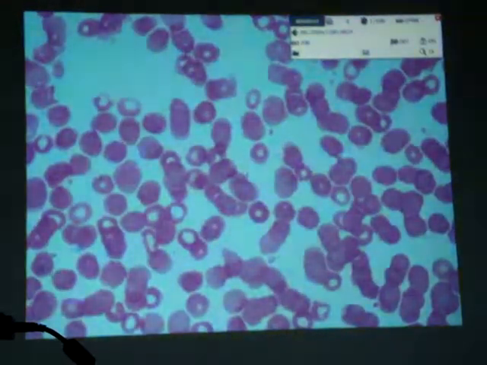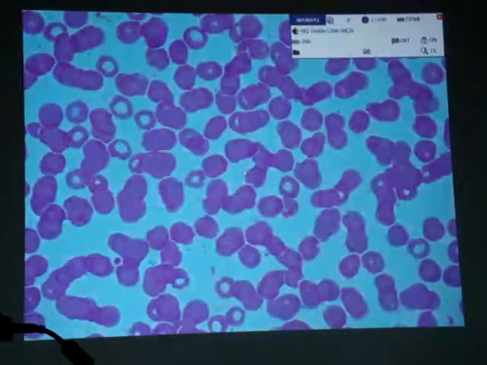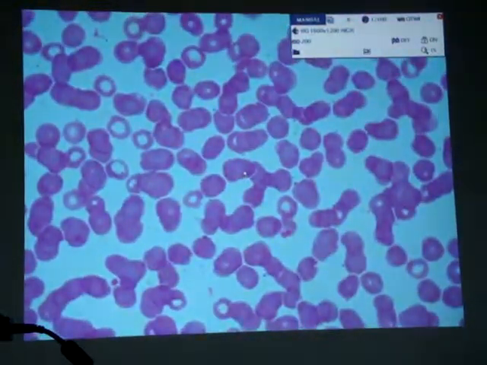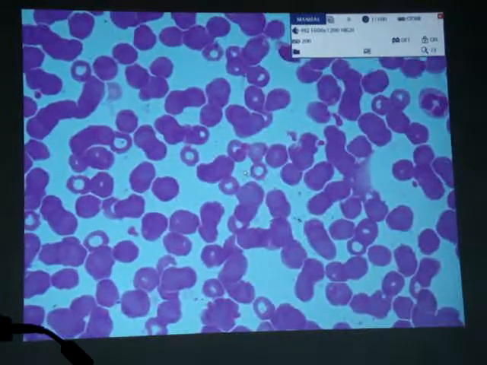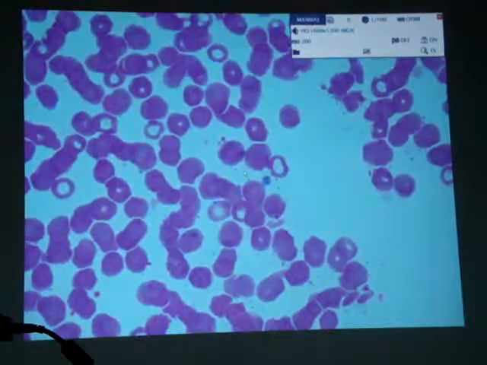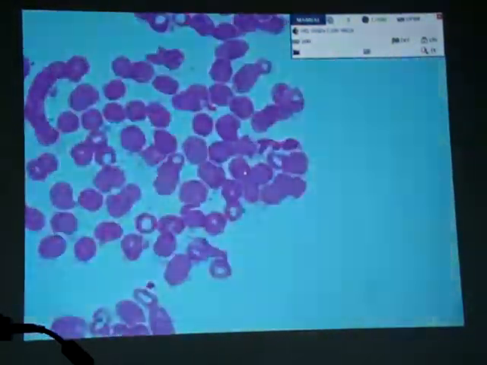Now, are the red cells possessing nucleus? Wala. Bakit? Bakit walang nuclei ang mga red cells? What is the function of the nucleus of our cells?